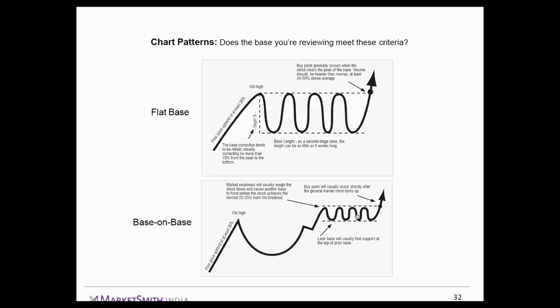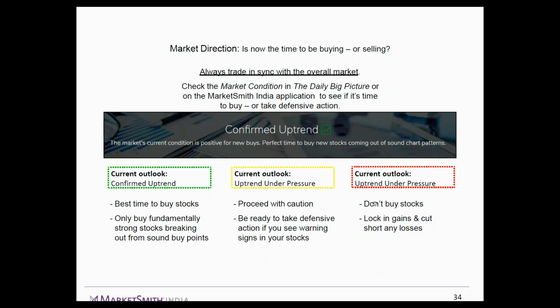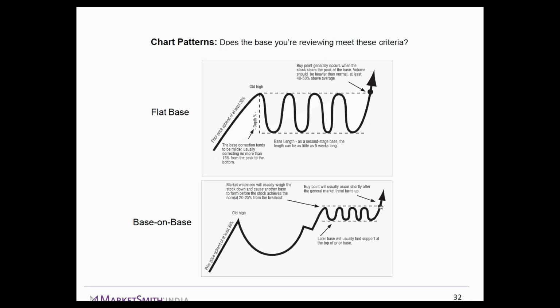What we have observed is that the stock would consolidate for a while. So this is a base on base. The two bases are clubbed together. Once it fulfills the criteria of the consolidation or flat base, the stock will again have a buy point. When the stock breaks out from here, it again has a good run.